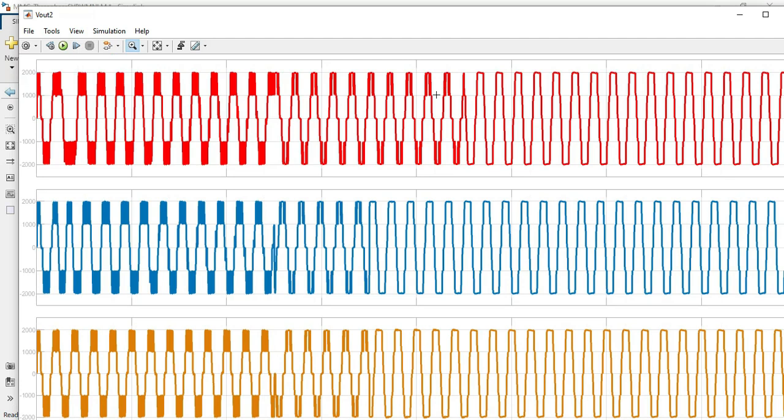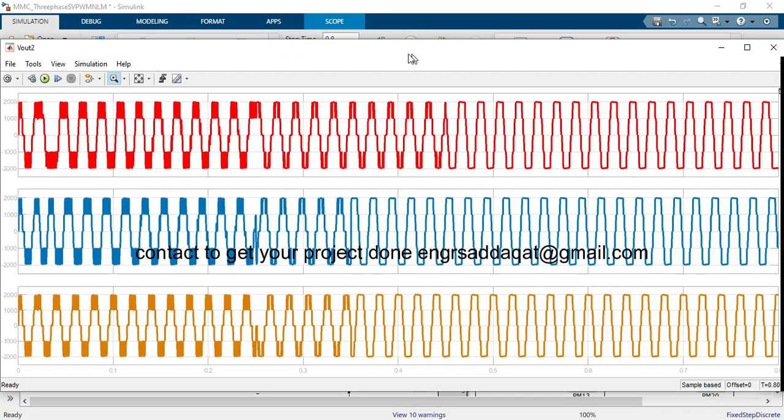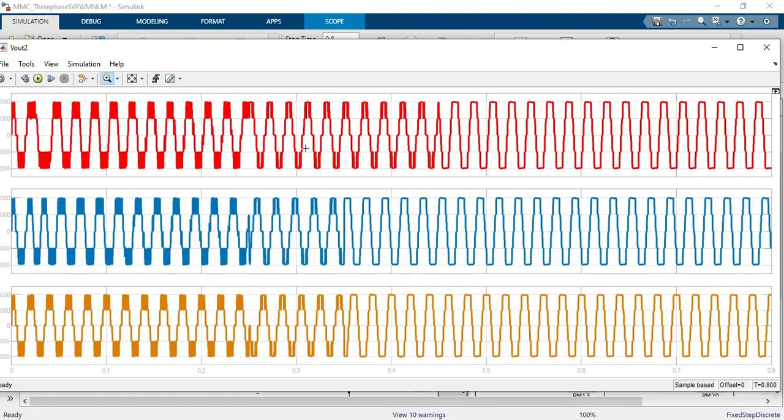With the space vector, the middle one, you can see that the high frequency components are present, but very little. And the third one is the nearest level modulation.